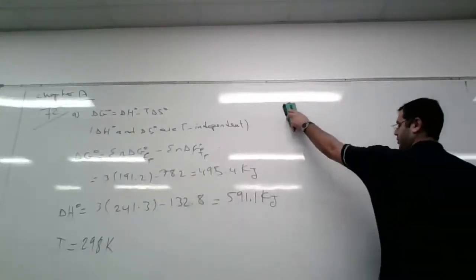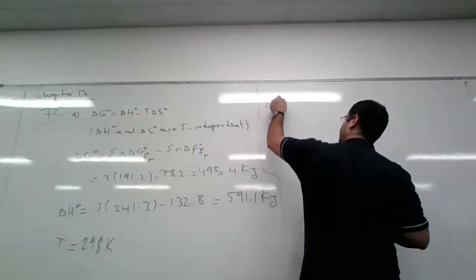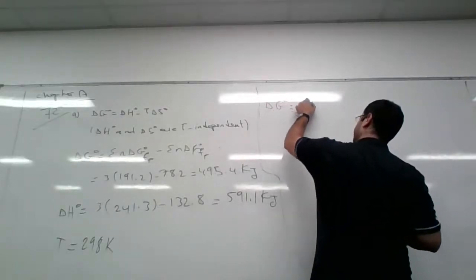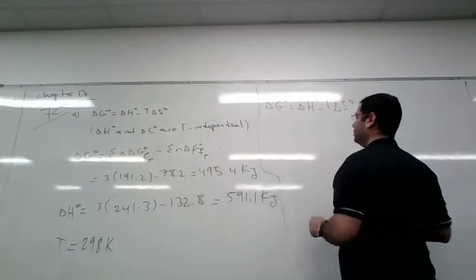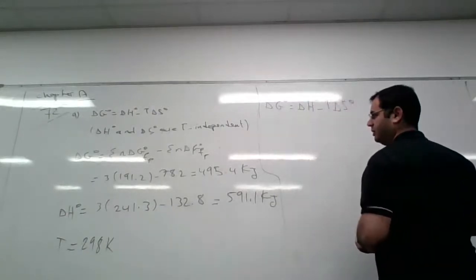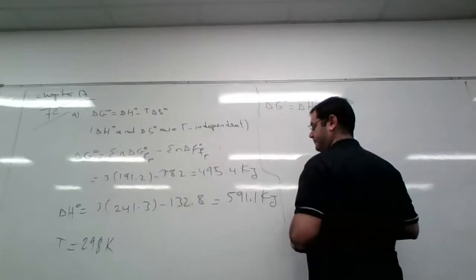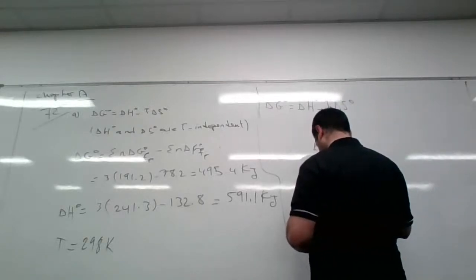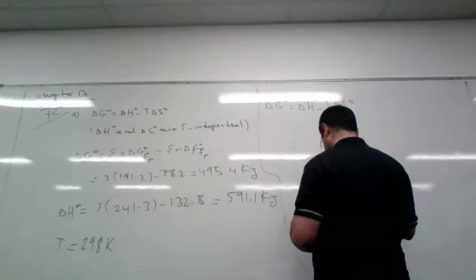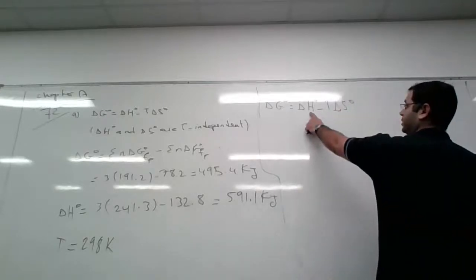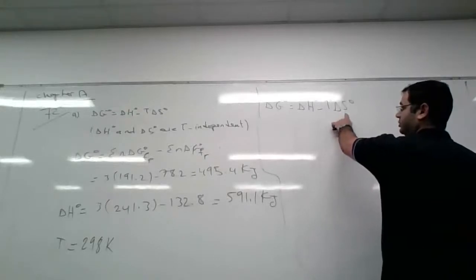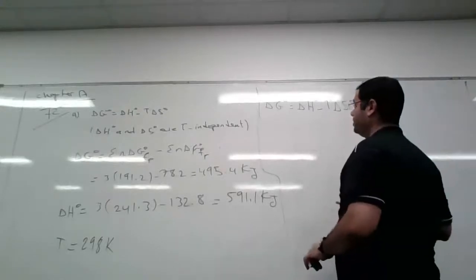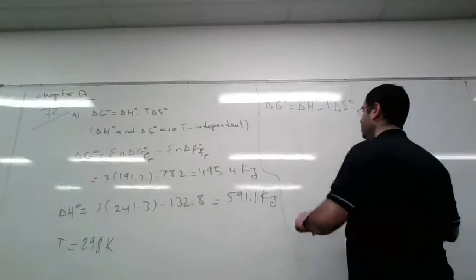Now what you have to do is get delta G naught is equal to delta H naught minus T delta S naught. Plug in the value, guys. You can keep this one in kilojoules and this one in kilojoules, and this one gives you the answer in kilojoules. Pay attention to the units, guys.